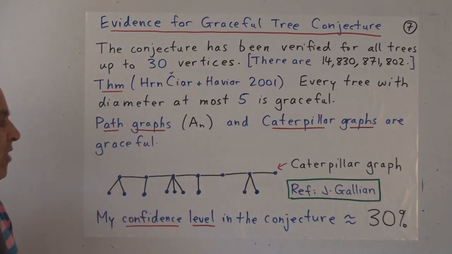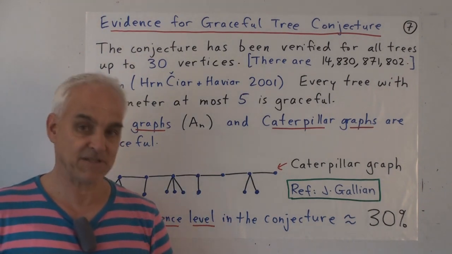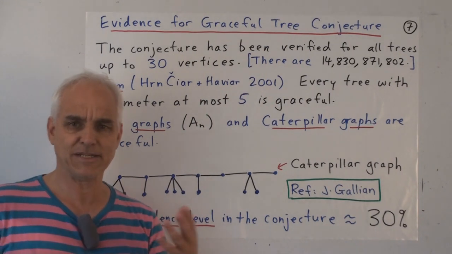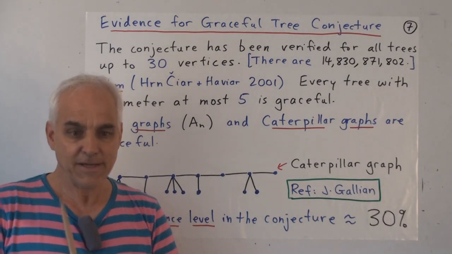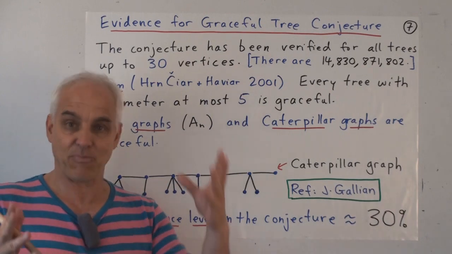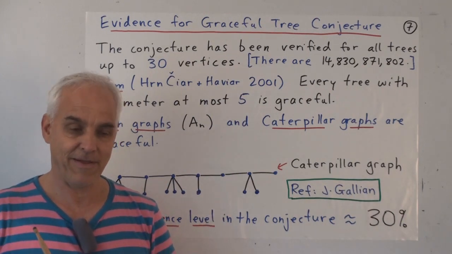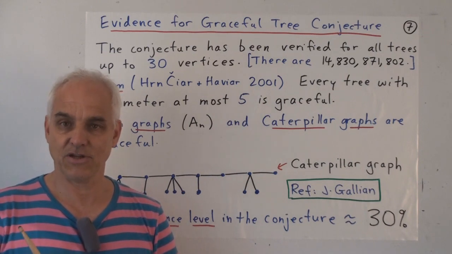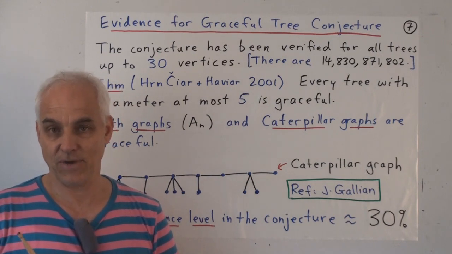So it's an interesting problem. It's, again, a little bit of an esoteric problem. It does have some applications, but it's mostly interesting for its intrinsic beauty, really. These graceful labellings are surprisingly lovely once you see them. And it's intriguing whether every tree does or does not have such a graceful labelling.